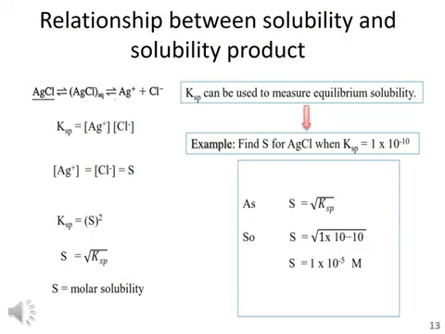So if you want to relate solubility and the solubility product, it can be denoted as S, the solubility, equal to the square root of Ksp, the solubility product. In this slide, you can see the solubility is equal to 1 × 10^-5 molar for the silver chloride precipitate.